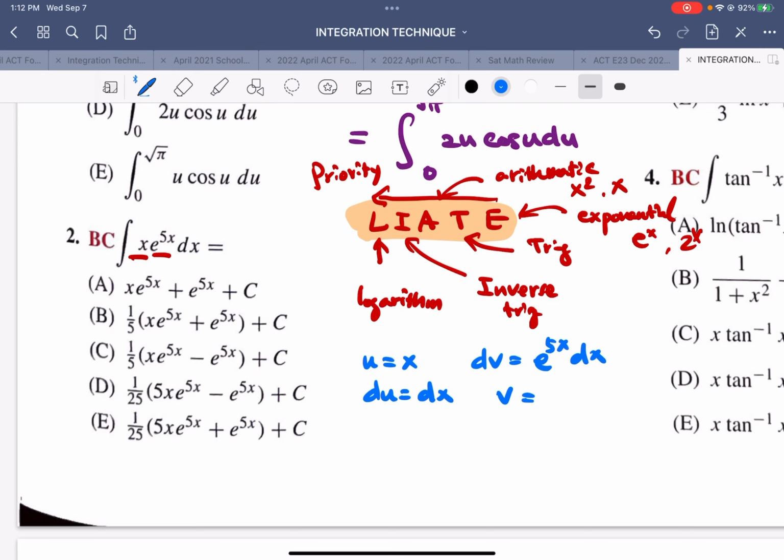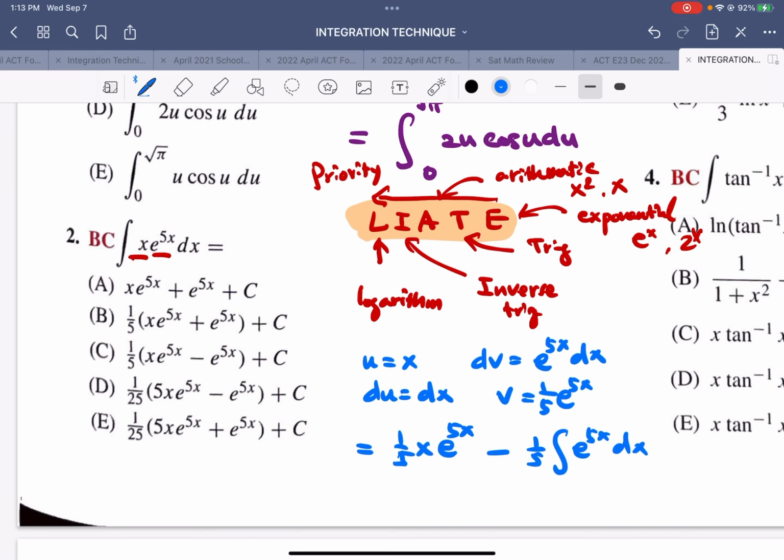And when you take the integral of this one, think about chain rule: e to the 5x, but you have to put 1/5. When you take a derivative, it'll come back to this one, because e to the 5x times 5 cancels out. So v is this. Now uv becomes 1/5 x e to the 5x minus v du, 1/5 e to the 5x dx.